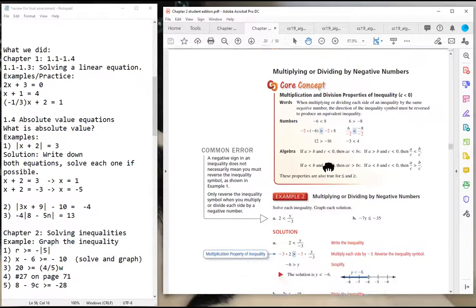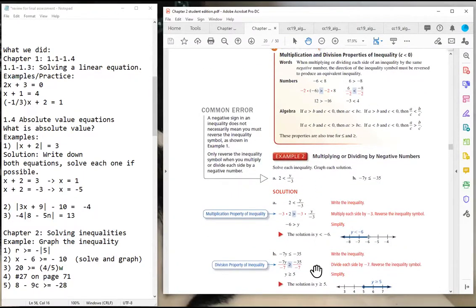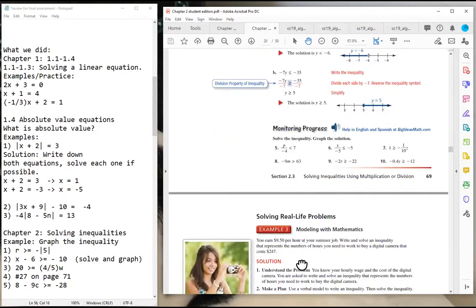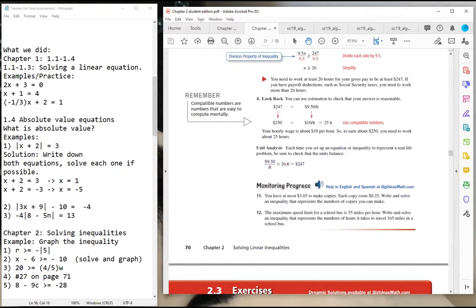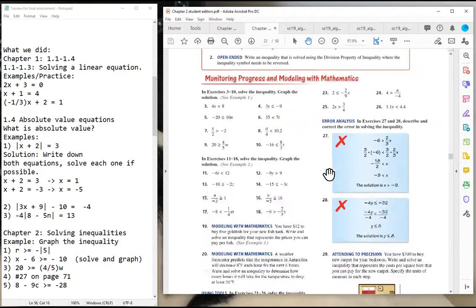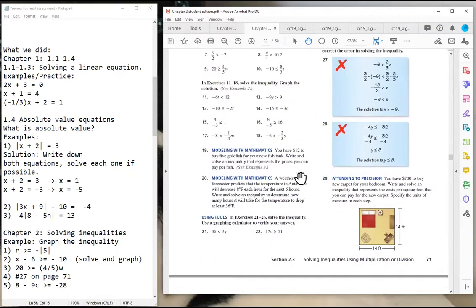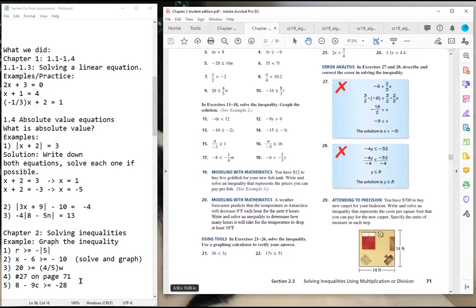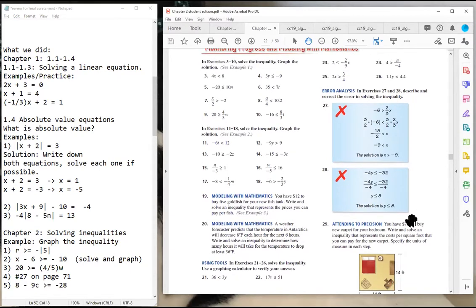It doesn't want to let me scroll up very fast. The thing we had to take care of is, if you look at number 27 on page 71, so here I am on page 71. Error analysis: describe and correct the error in solving the inequality.